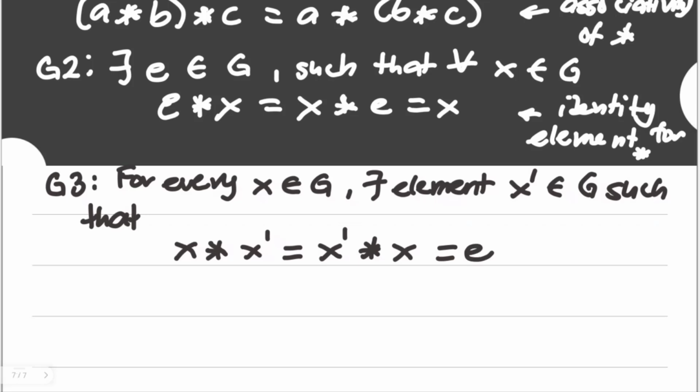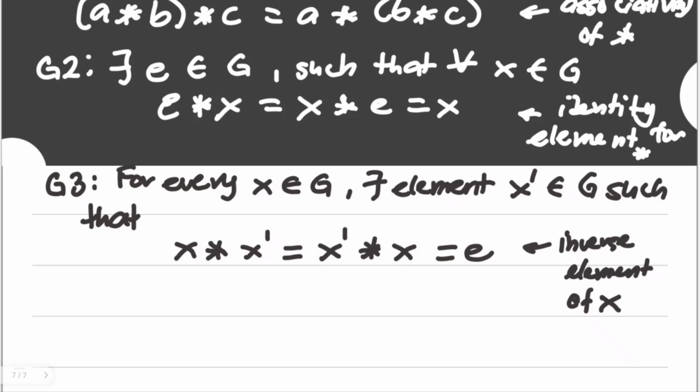So G1 is associativity of star, G2 is the existence of identity element for star, and what is G3? This tells us that there exists the inverse element of x in the same set.